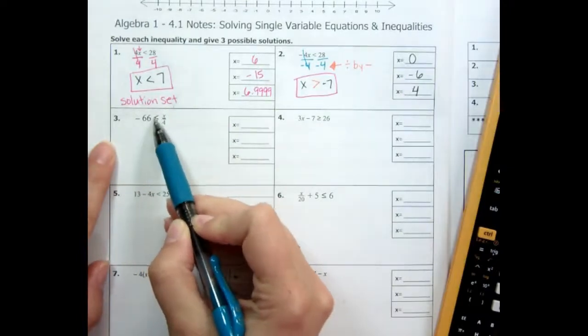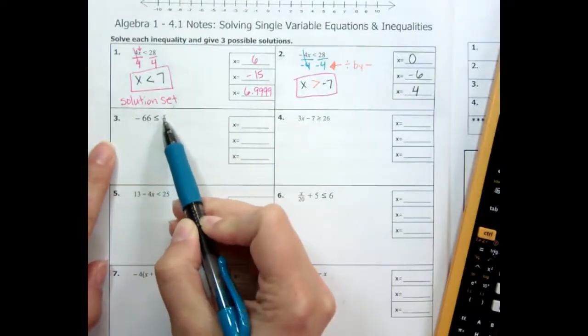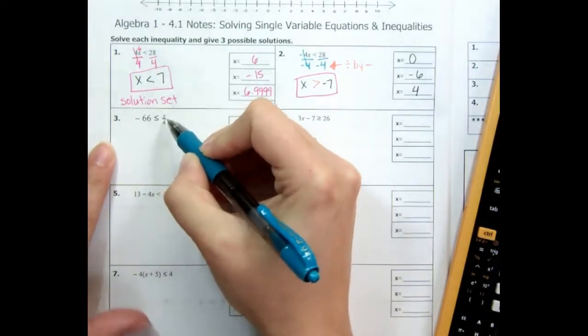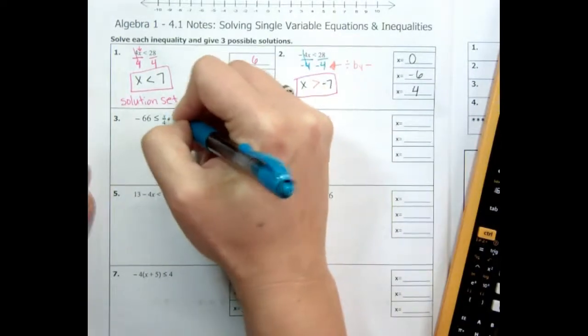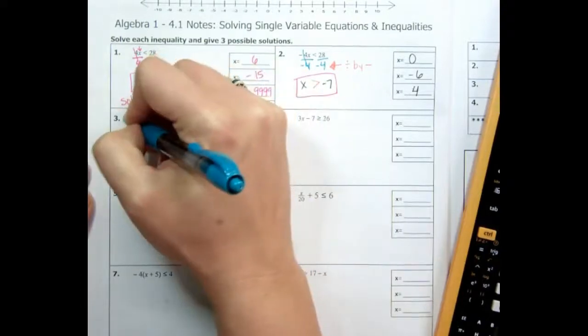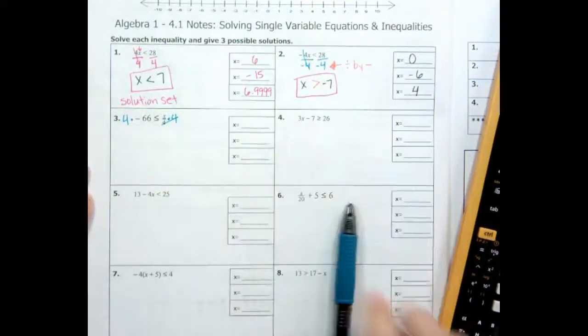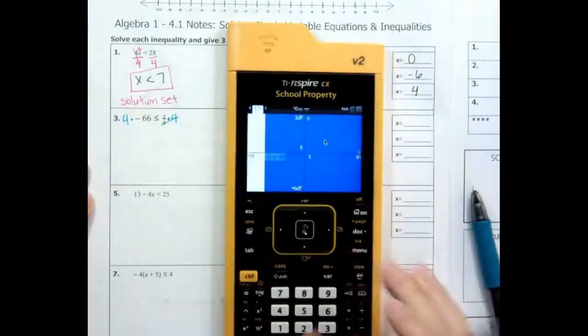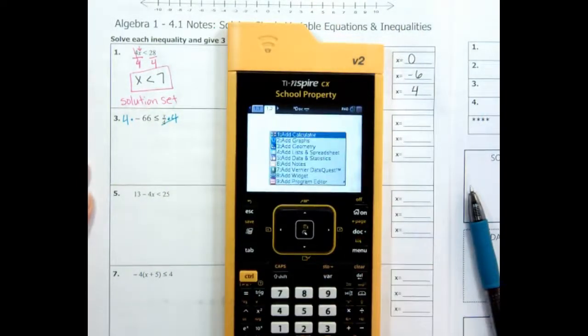Negative 66 is less than or equal to x over 4. So this says x over 4. That's divide. The way that I get rid of divide is to multiply. Multiply both sides by 4. Those will cancel. 4 times negative 66. So I'm going to add a calculator.